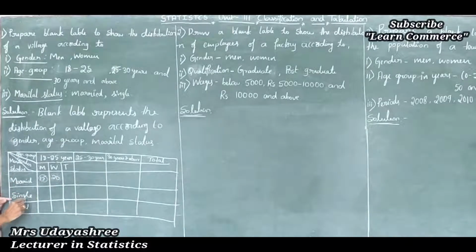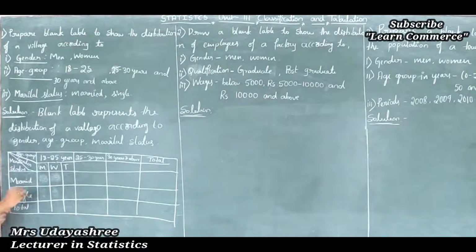Like that, if the number is 7, for example, it indicates that 7 men aged 18 to 25 are single. For example, if it is 18 here, it means 18 women between 18 to 25 years are single.